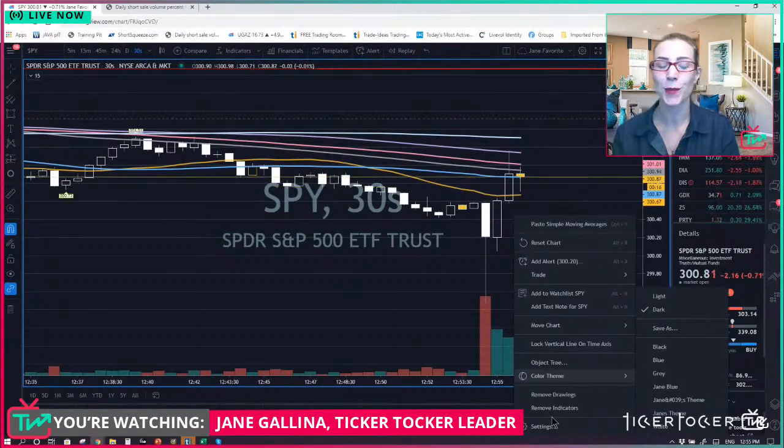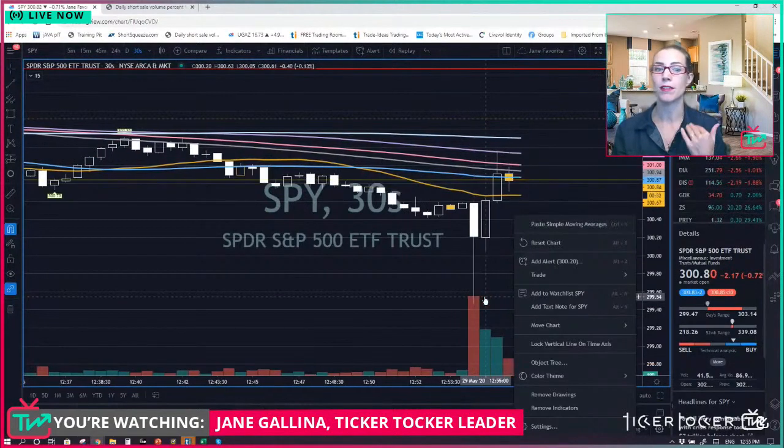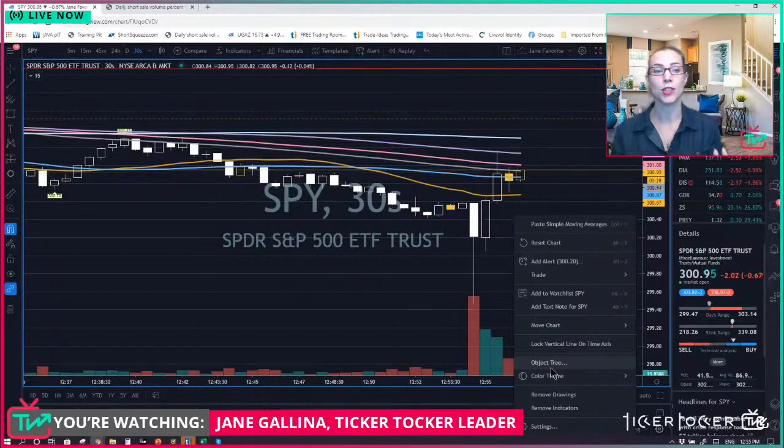I just started paying attention to the 30-second chart for this exact reason, to see the algorithms buying or selling with volume. So right now we can say, hey, it went down, it touched that 200 mark, boom, volume came into it. Potentially, they are bullish above the 200 SMA. That's not something out of the ordinary, because many people will trade off of the 50 SMA and the 200 SMA.